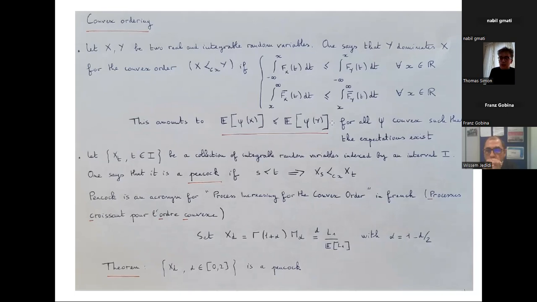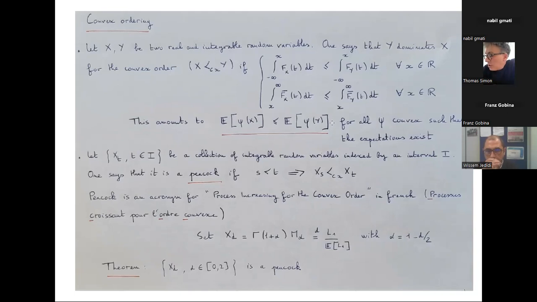And if you go back to the Bessel process, which is associated to the Mittag-Leffler random variable, I was inspired by some literature of the Parisian school on Bessel processes and the normalization of the local times. You can normalize the local time so that its expectation is 1.